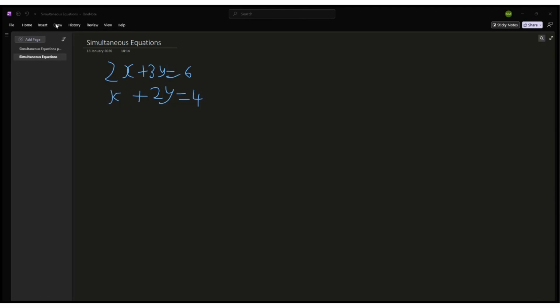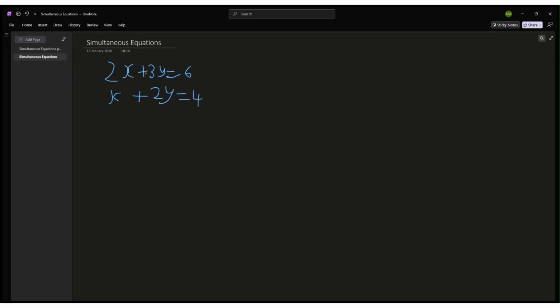Now, a lot of students, when it comes to thinking about algebra, get confused with letters. You have to think of the letters as a substitute. It's kind of a number, but we don't know what that number is, so we just put a letter in its place.